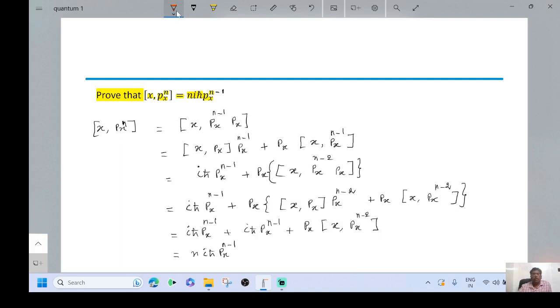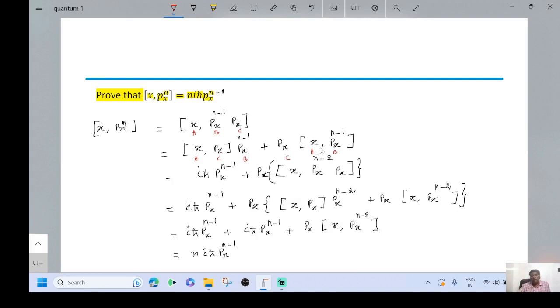See here, this is a, this is b, this is c. It is a comma c into b plus c into a comma b. Then x comma px is i h cross. So we get i h cross px power n minus 1 plus this px.